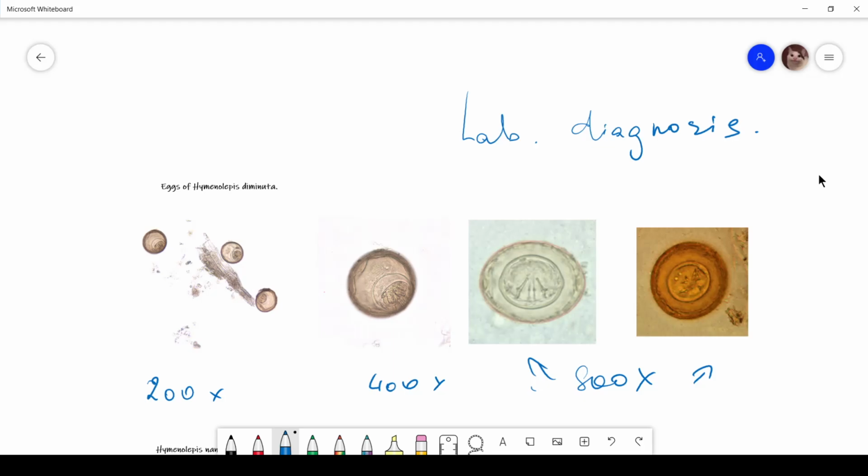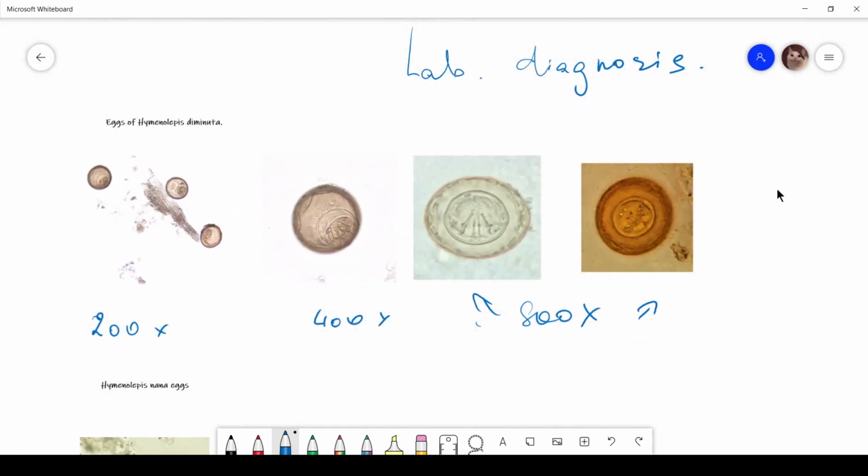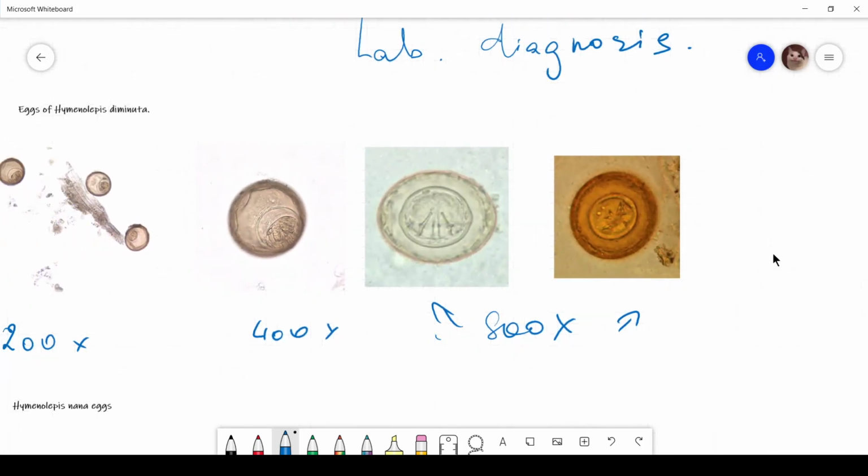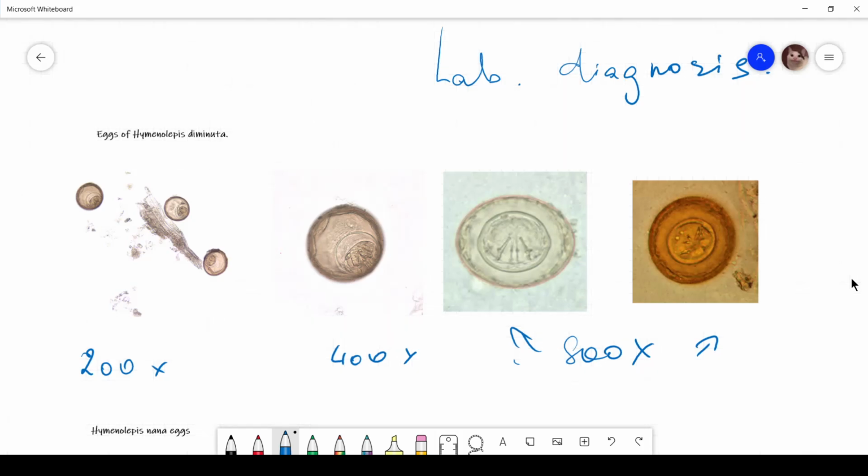First, here on your screens, you can see eggs of Hymenolepis diminuta. I will make it not so large.